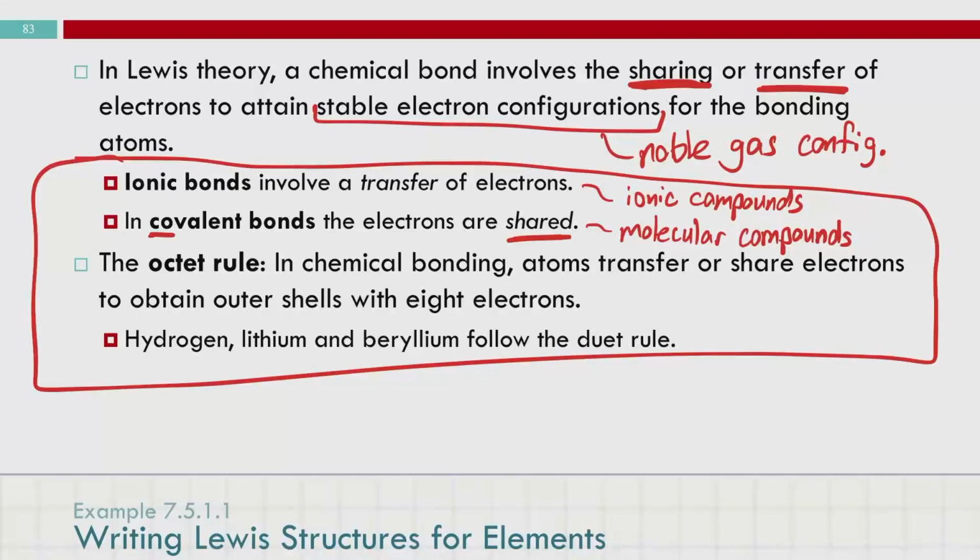It would have the same number of electrons as neon. Alternatively, with our metals like sodium, sodium has 1 valence electron in its outer shell. If it loses that, then it wraps back around on the periodic table. It would also be like neon. It would have 8 valence electrons because we pulled off the entire outer shell.